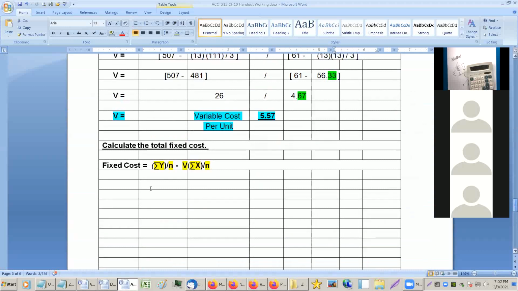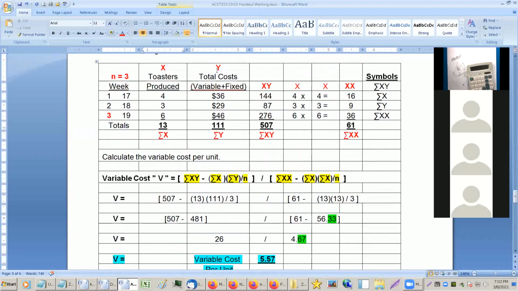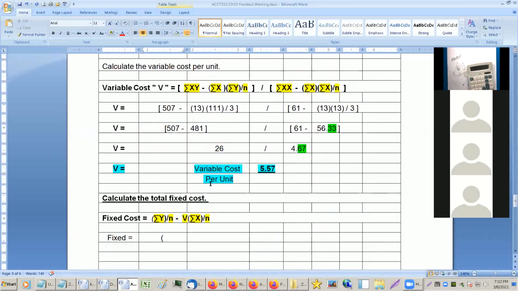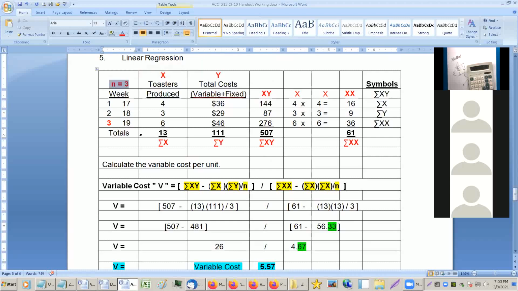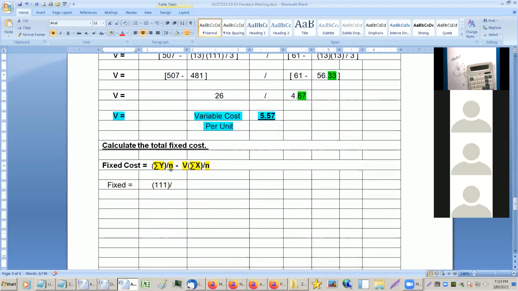Okay, so summation of y divided by n. Summation of y is 111. Divide by n, and n is 3, just the average total cost.